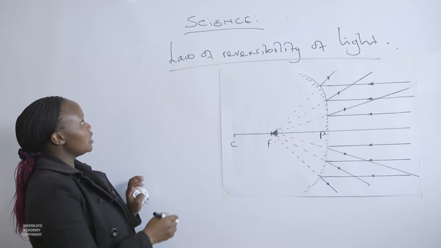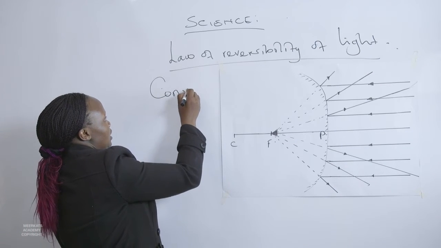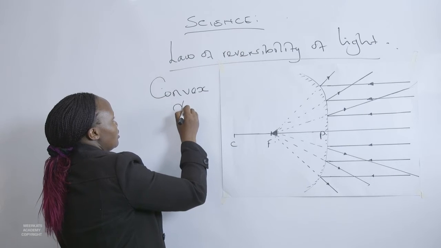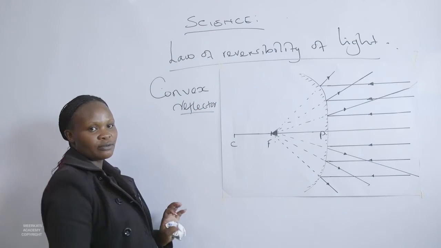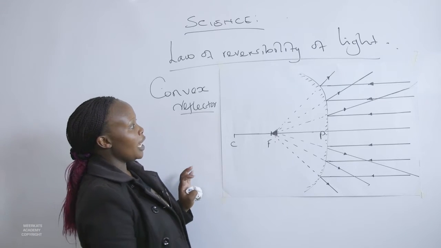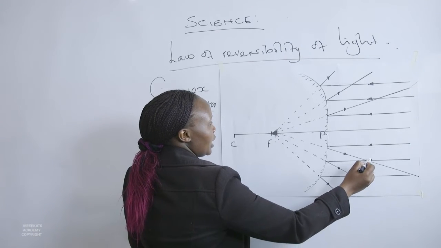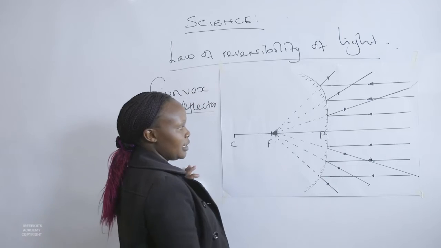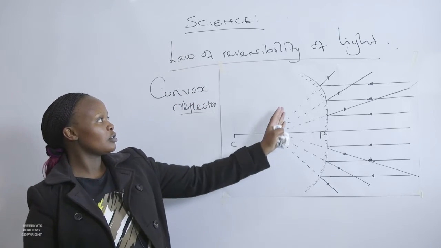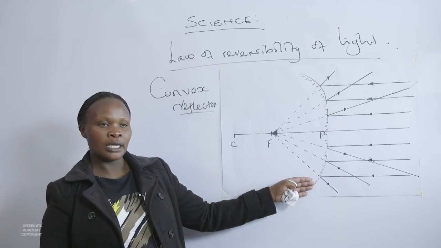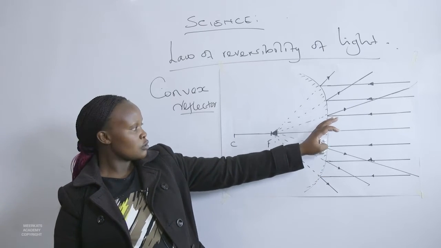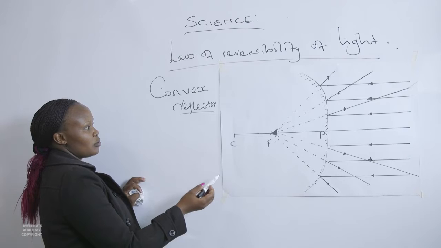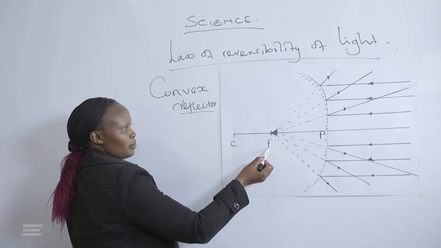Now, if we consider a convex reflector, a beam of light that is parallel and incident on the reflecting surface is reflected so that it appears to come from some point behind.